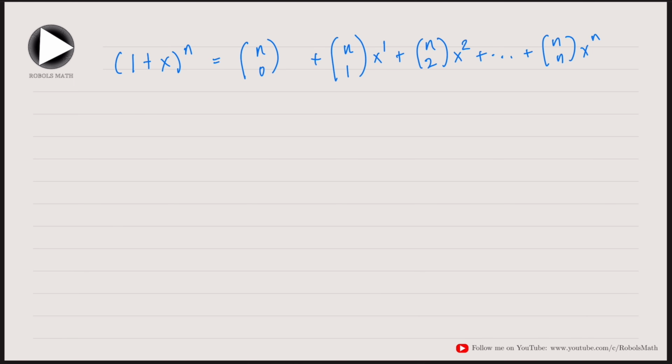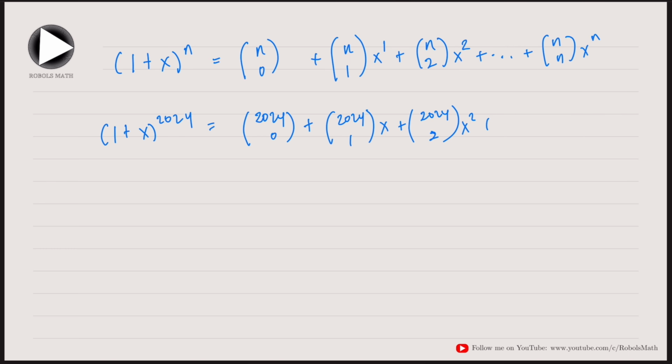This means that if we are looking for the value of (1 plus x) raised to 2024, that's just equivalent to 2024 taken 0 plus 2024 taken 1 times x plus 2024 taken 2 times x squared and so on until we have 2024 taken 2024 times x to the 2024.